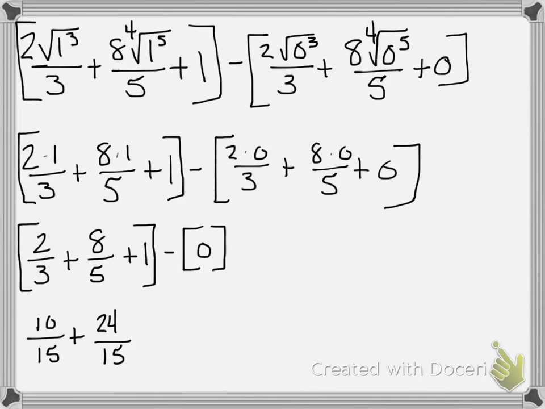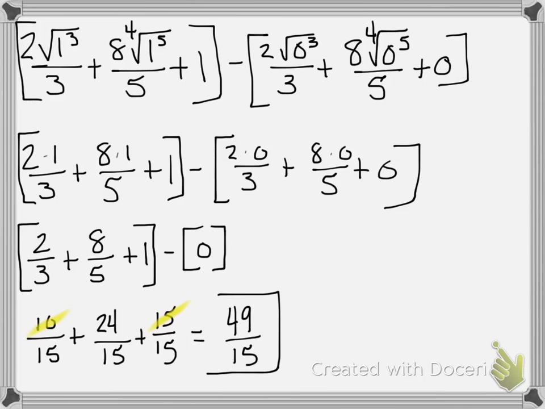So it's going to be 24 plus 15 over 15 gives us our 1. So that is going to be 10 plus 15 is going to give us 25, and 25 plus 24 is going to give us 49 over 15. And that should be our final answer.